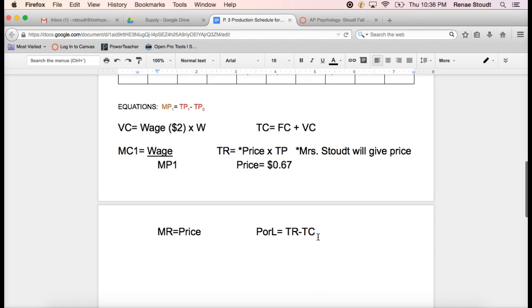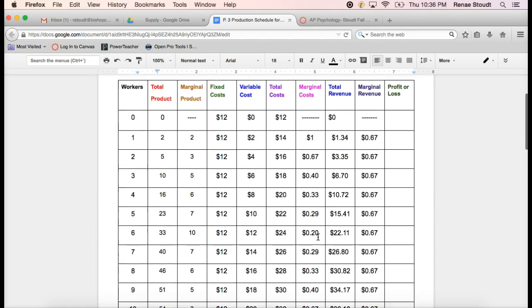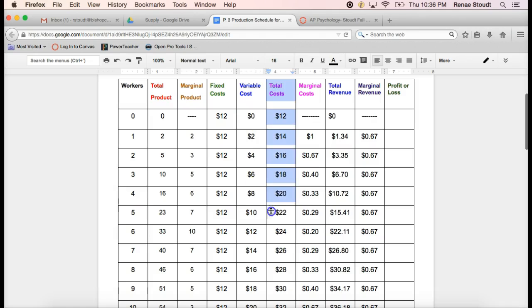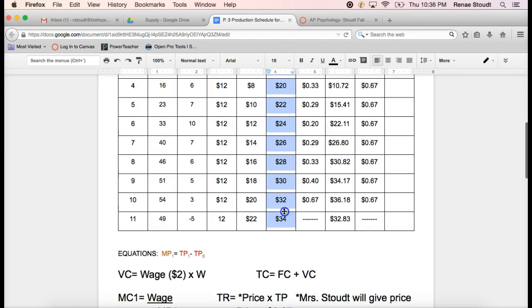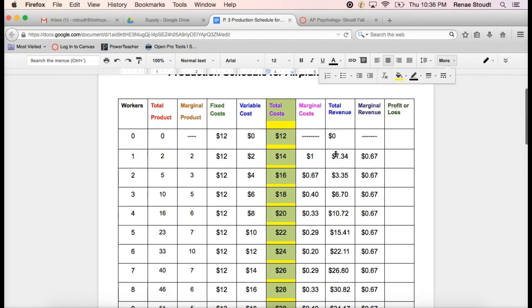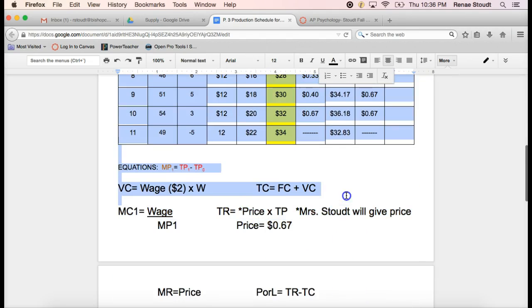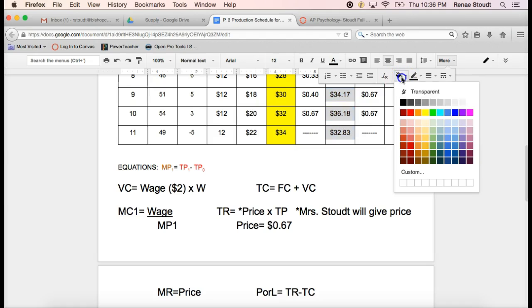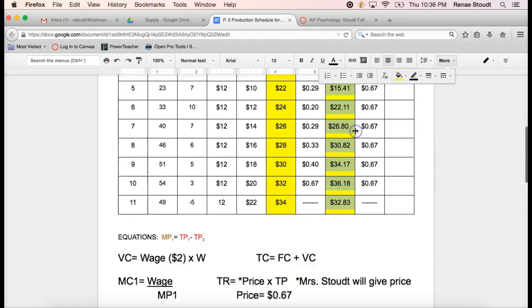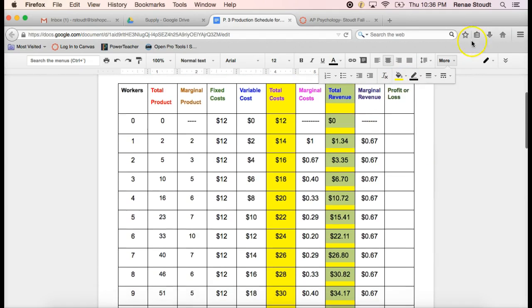So we are going to be looking at these two columns right here. I'm going to highlight them. And so total cost and total revenue. So we're going to take total revenue minus total cost, and that will tell us whether or not we're making money or losing money.